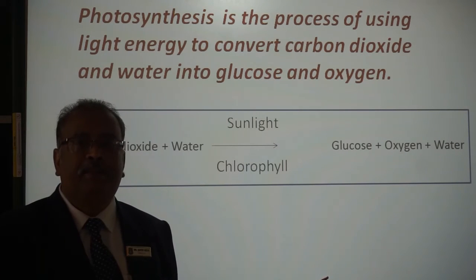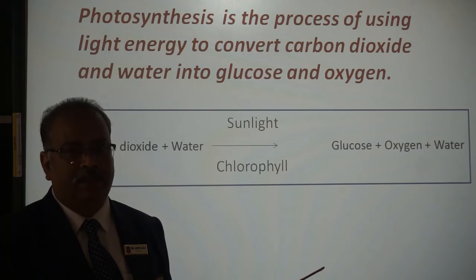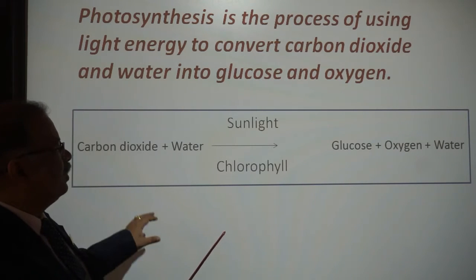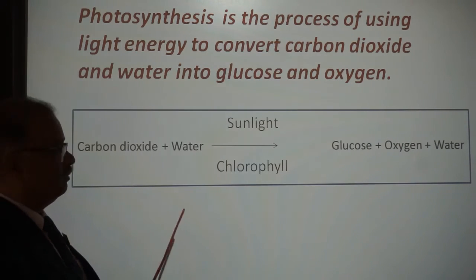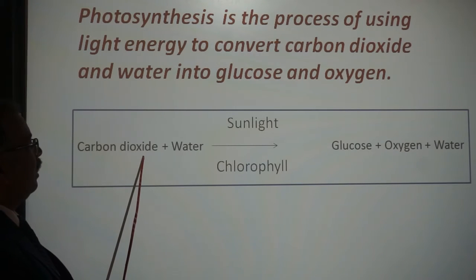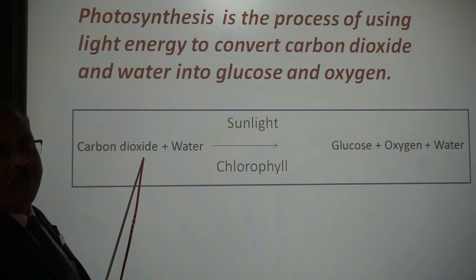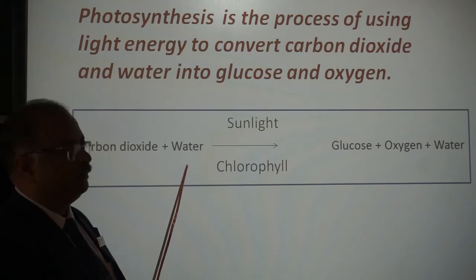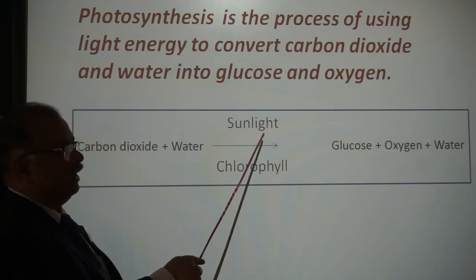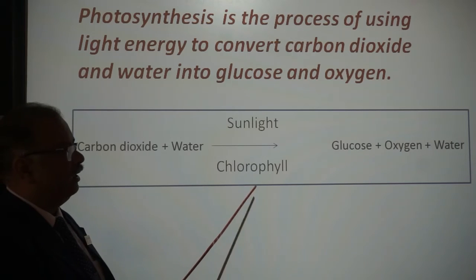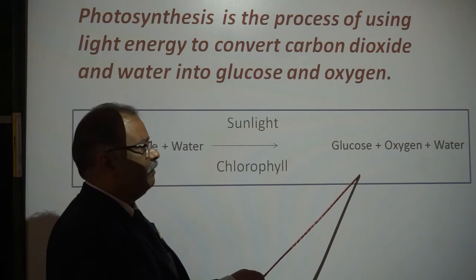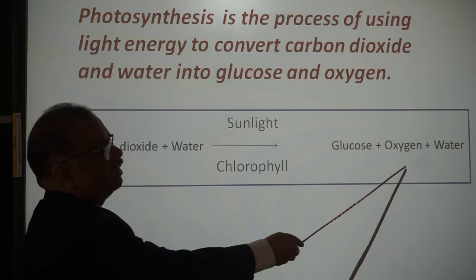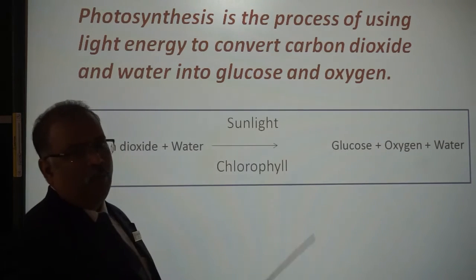So plants provide us with oxygen gas. If you see the chemical reaction, you will find this carbon dioxide gas, which is taken from the atmosphere, combines with water in the presence of sunlight and chlorophyll, and ultimately it gives glucose, oxygen and water.